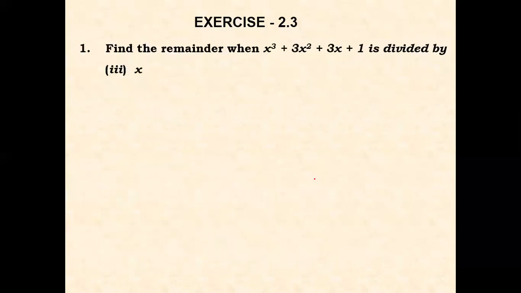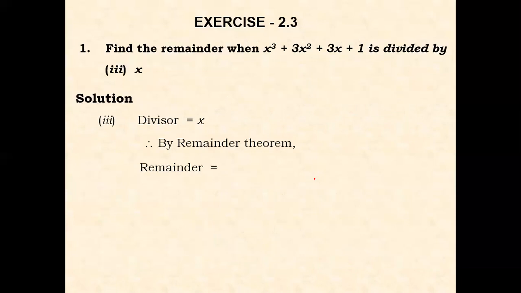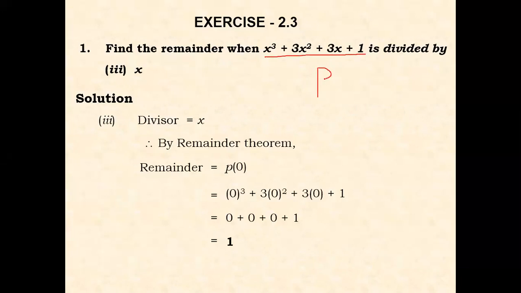Now, question number 1, third part, again we have the divisor x, and if you find the zero of x, you will equate it with 0, and it will be 0 itself, and you have to put 0 everywhere in your polynomial px. In polynomial px, everywhere in place of x we have put 0, and the result we see is 1. So if you divide this polynomial px by x, you will get the remainder 1.